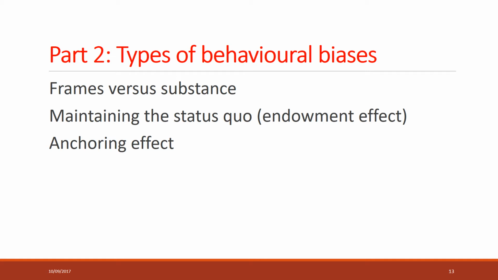So they care about gains and losses in a different way. In the second part of the lecture, we look at different types of behavioral biases. These biases are drawn from the psychology literature, where they look at how test participants react differently to the type of questions that are asked in the experiments, right?